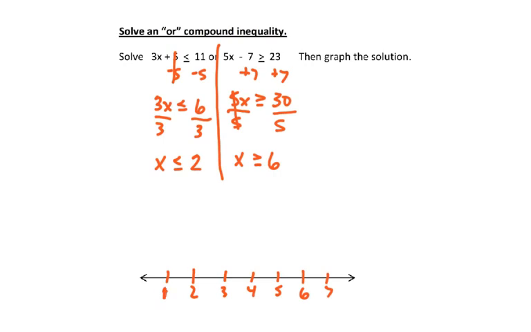On 2, I've got a closed circle because it is equal to, and it's less than, so it goes to the left. On 6, I've got a closed circle because it's equal to, and it's greater than, so it goes to the right. When you have an OR inequality, you've got one going left, and you've got one going to the right.